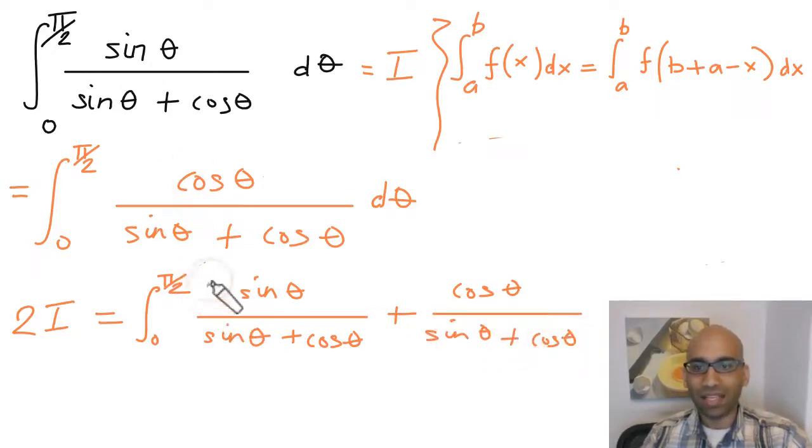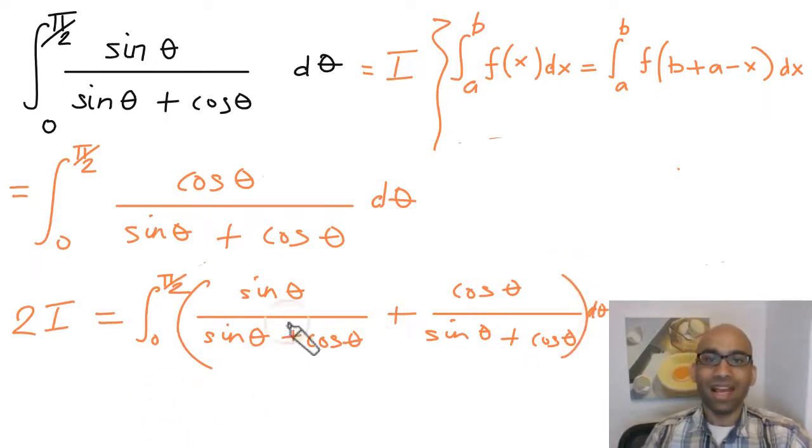And of course we're adding these, so we can just combine this. We can put a bracket around and put a d theta here. And now it should stand out to you what can be done next. Because we've got the same denominators, we can just combine these numerators. We've got sine theta plus cosine theta in the denominator, and then we get a sine theta plus cosine theta in the numerator as well.